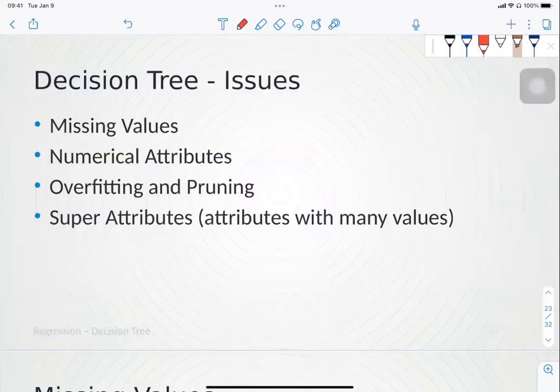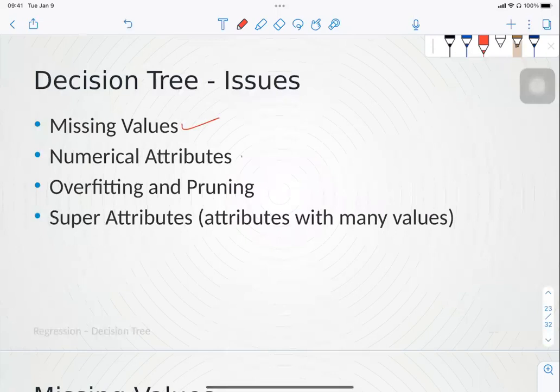Going ahead, there are some issues with the decision tree. I hope the construction of decision tree is clear now, and we are diving into the issues with the decision tree. So issues are missing values, because we are always pruning the branches, and we do not consider each and every variable. So always there are going to be missing values.